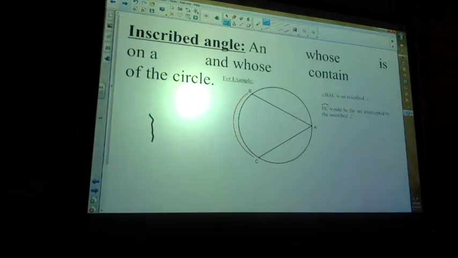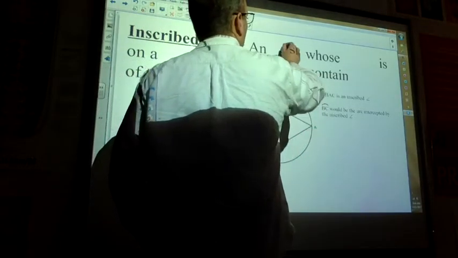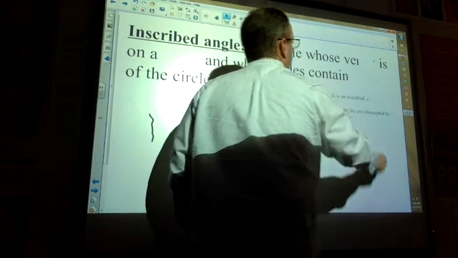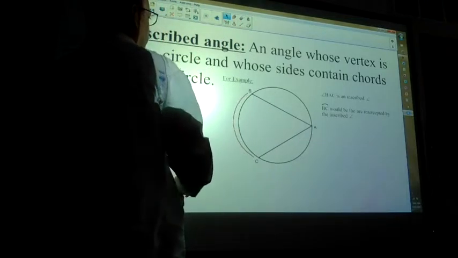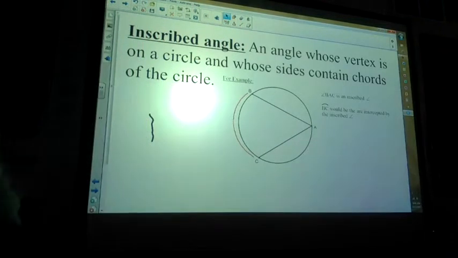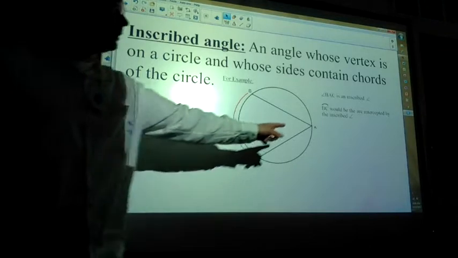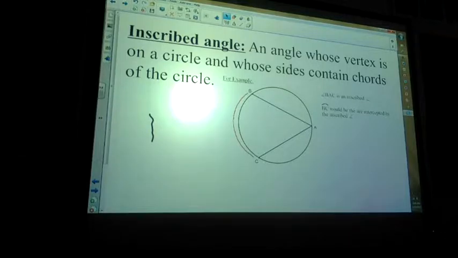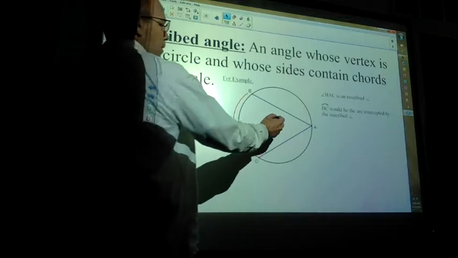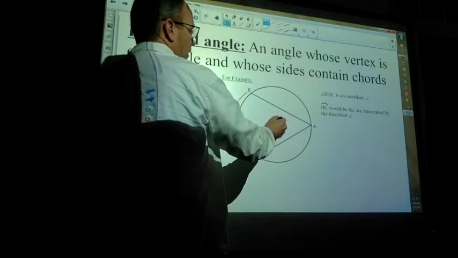Inscribed angle. An inscribed angle is an angle whose vertex is on the circle. So it's on the circle, it's not the center. And whose sides contain chords of the circle. So this is a perfect example. If you remember from last week, we were talking about the central angle, where you had the very center.